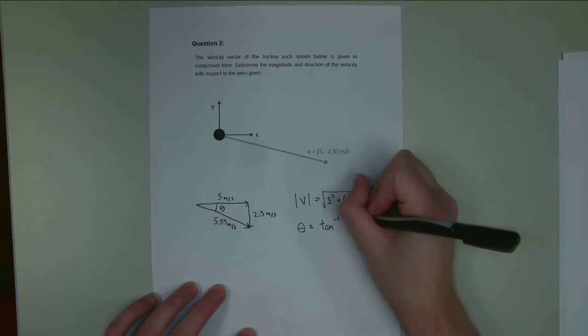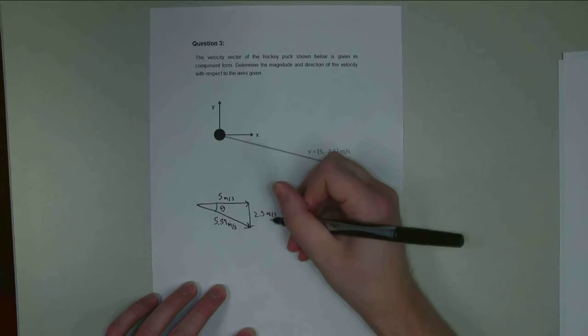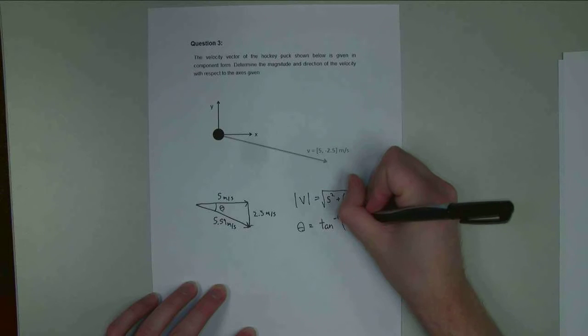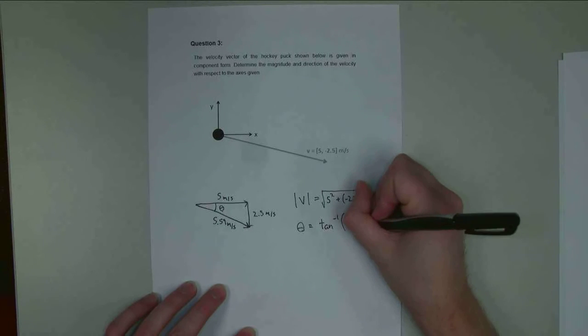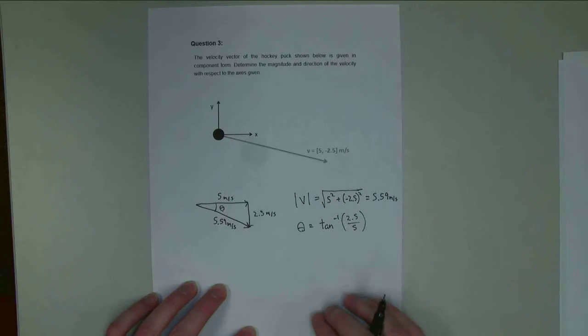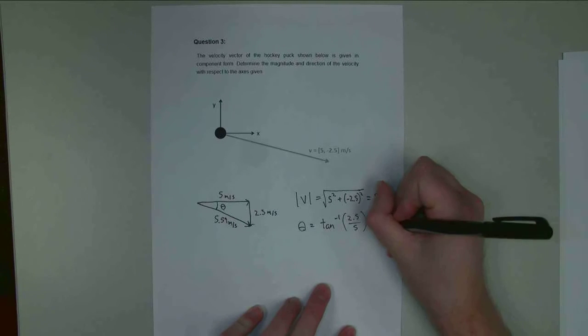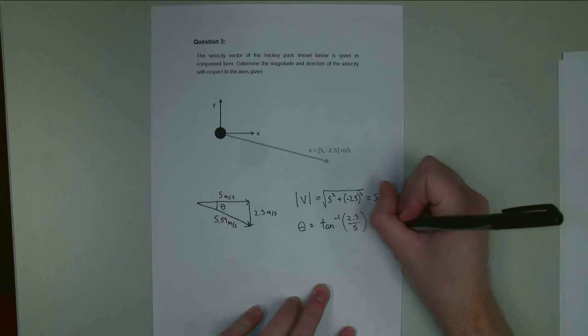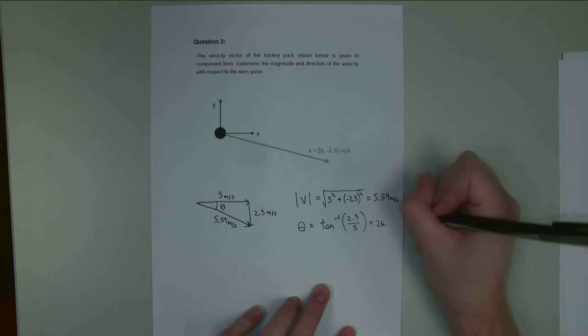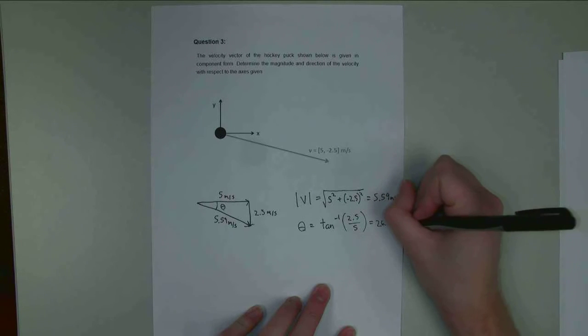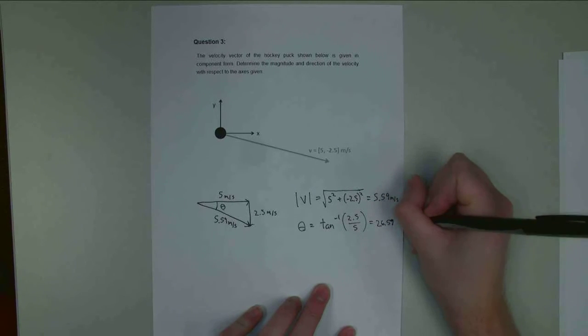So tan negative 1 of opposite over adjacent, so 2.5 over 5. And if I use that inverse tangent function, I can figure out the angle. And that angle in degrees is 26.57 degrees.